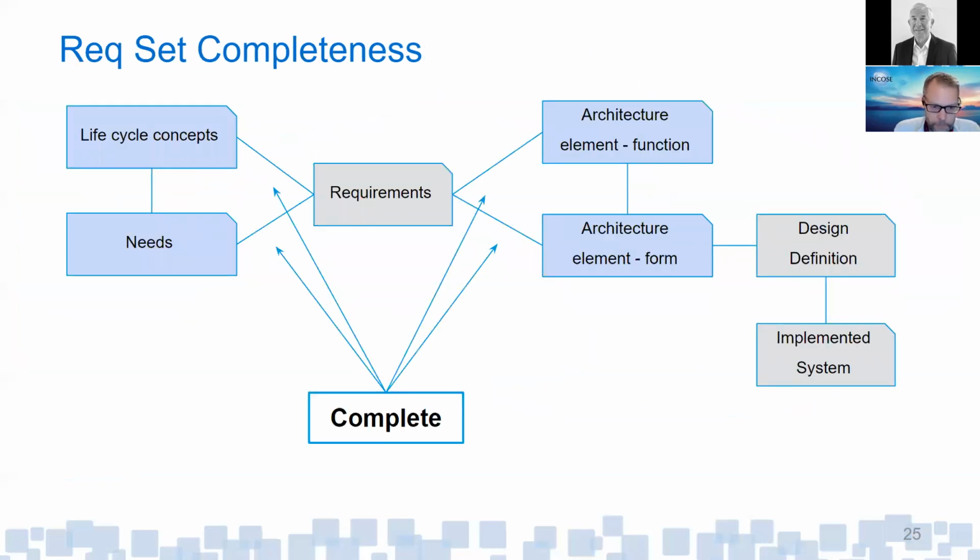So if we do that, what would that analysis look like? Yeah, if we have the requirement here in the center, and we have things like needs, lifecycle concepts, we can look at if we're addressing all those, even in the architecture model, probably. You can look at, do we have functions without connection to requirements and stuff like that?